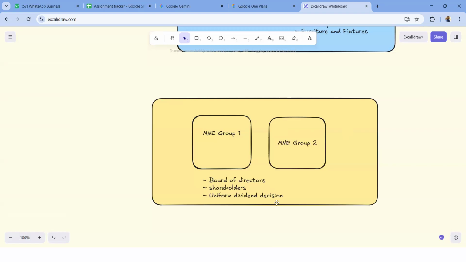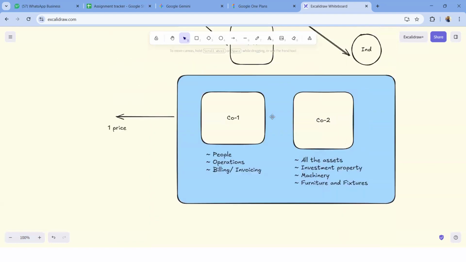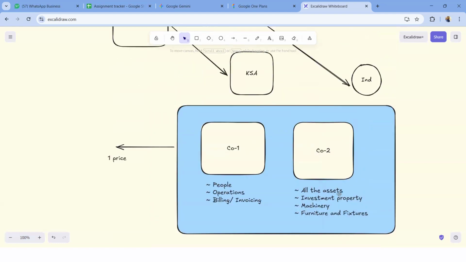So, in such structures, how do you go about it? The question is: are these two different groups or one group? In the stapled structure, while identifying constituent entities, even though two companies are stapled, I told you these are two separate companies, two separate constituent entities.